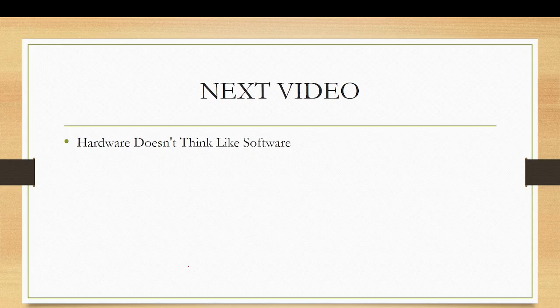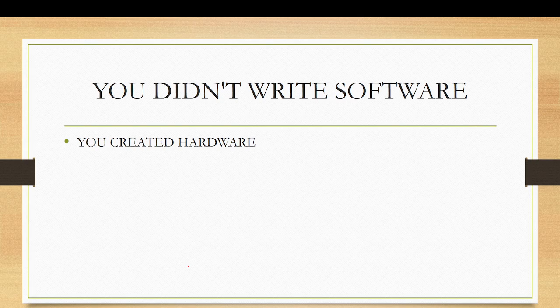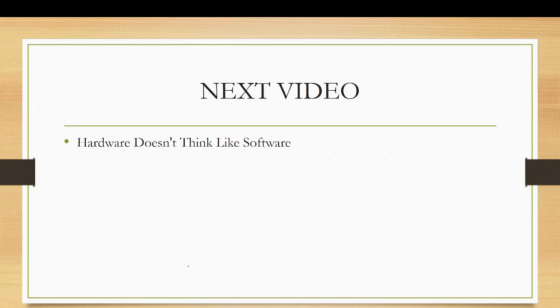But we are not done because there is one mystery left, a very important one. Hardware doesn't think like software. Software is sequential, hardware is parallel, and if you don't understand that difference, Verilog will always feel strange. So in the next video, we will discover how hardware actually thinks.